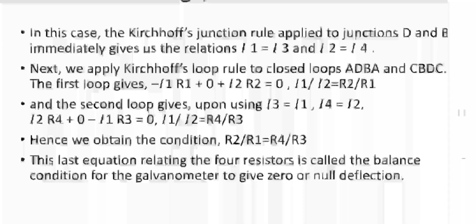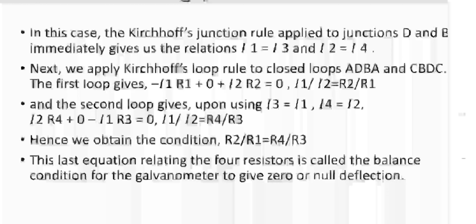In the same way, apply the loop rule in the other half triangle and my equation becomes I4 R4 minus I3 R3 equals 0. By applying the junction rule, we have I1 equals I3 and I2 equals I4. Applying this equation here, my equation becomes I2 R4 equals I1 R3.